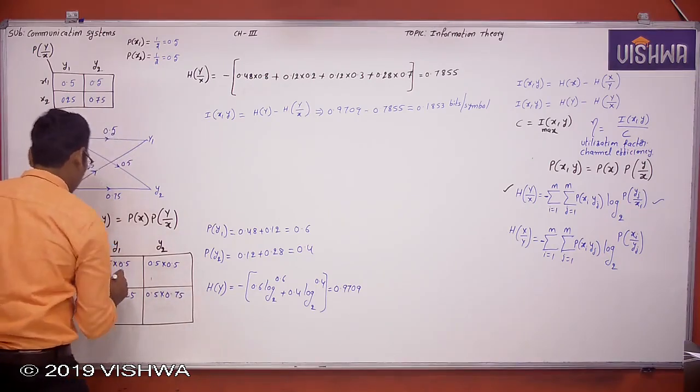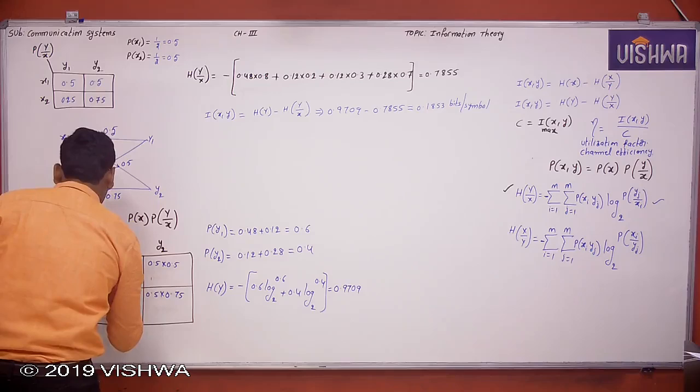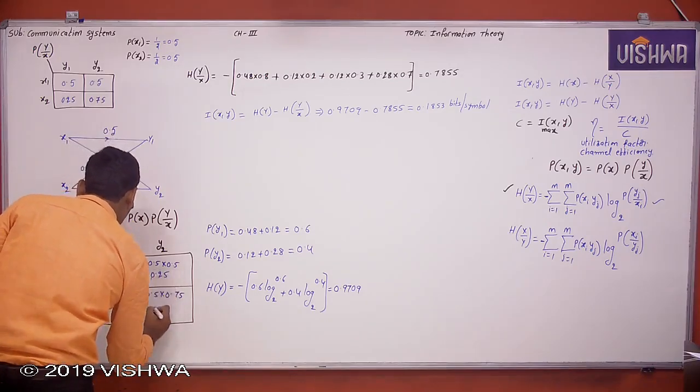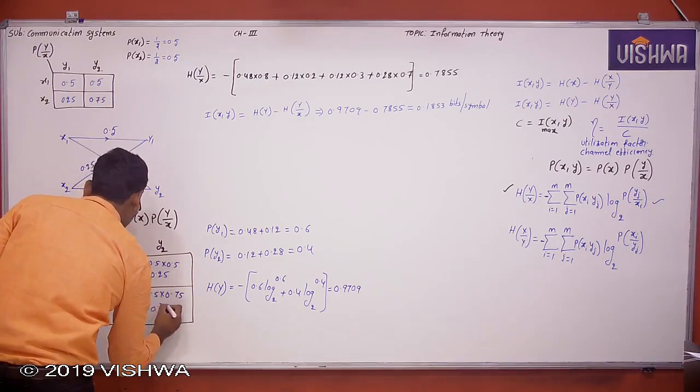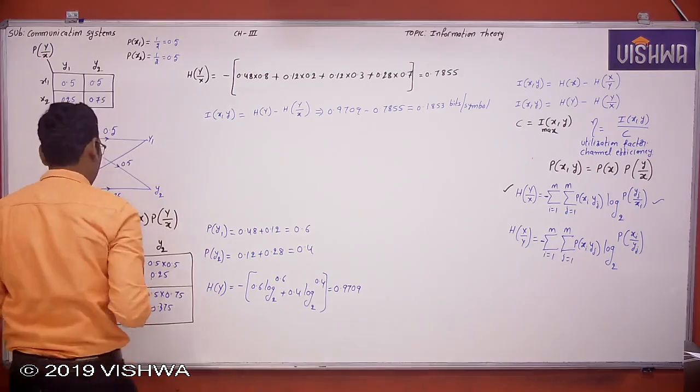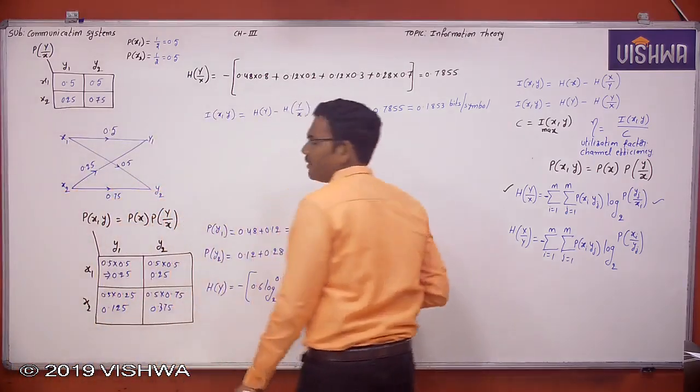Now this is 0.25, 0.25, 0.125, 0.375. This is the joint probability.